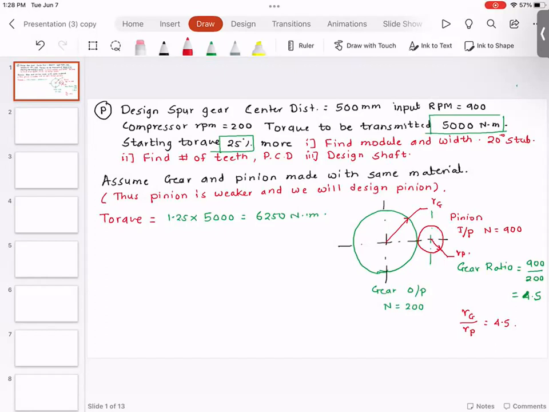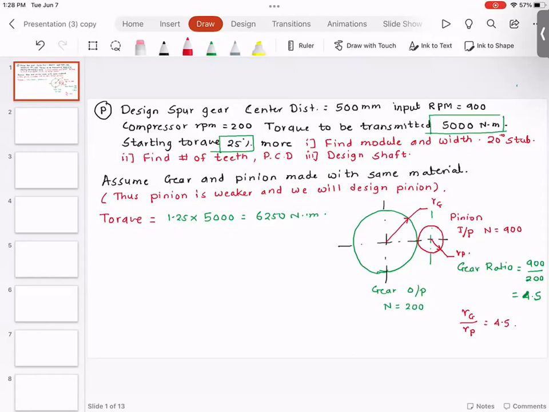Now, since it's a design problem, it could be specified in different fashion. Sometimes they will give you the center distance, sometimes they will not, sometimes they will give you some additional constraints.